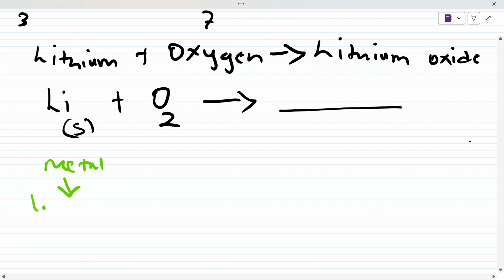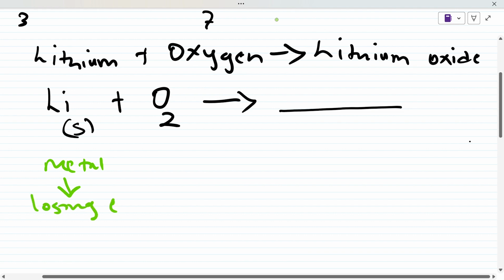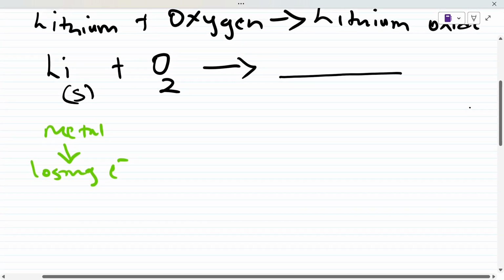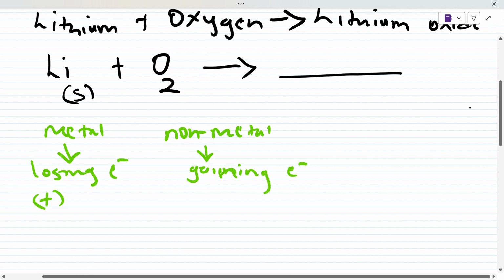Any metal that reacts by losing electrons is given a positive charge sign. And any nonmetal that reacts by gaining electrons is assigned a negative charge in the formation of their ions.